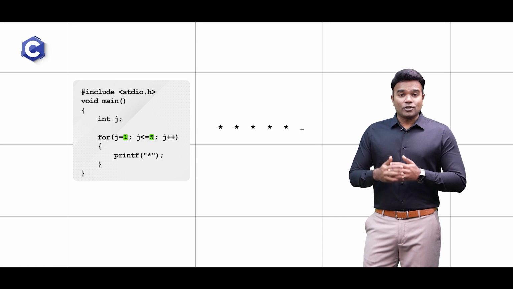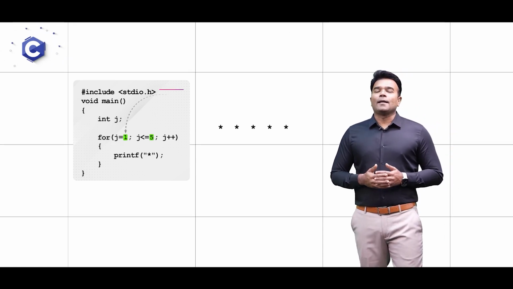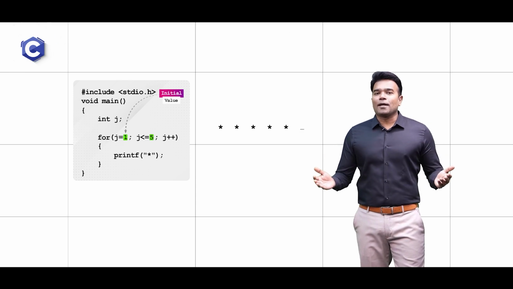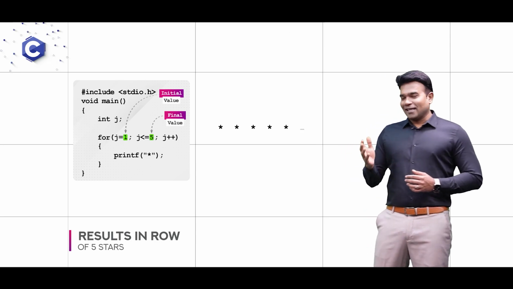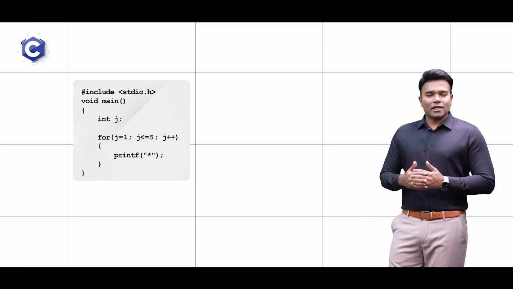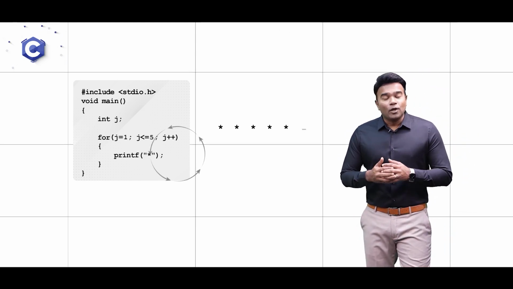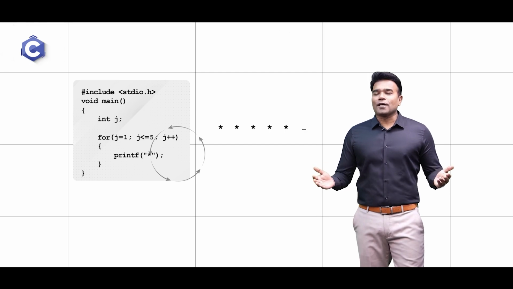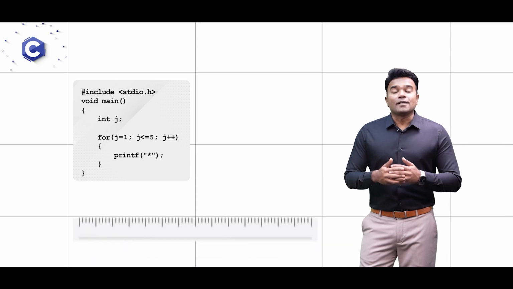You can notice that the loop index variable j has been initialized to 1 and the upper limit of the loop index variable j happens to be 5. This is precisely the reason why this loop is going to be executing 5 times, and each time the print command shall get executed printing a star, and overall what we shall be getting is a horizontal line of 5 stars.